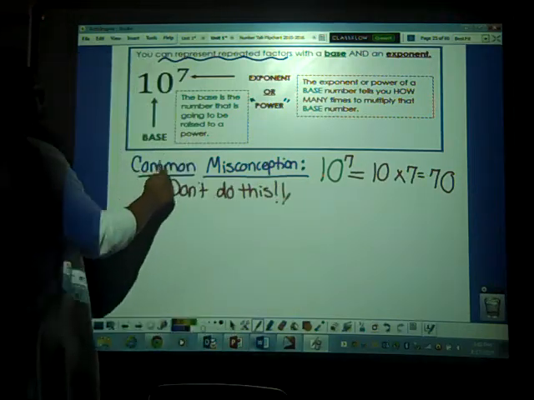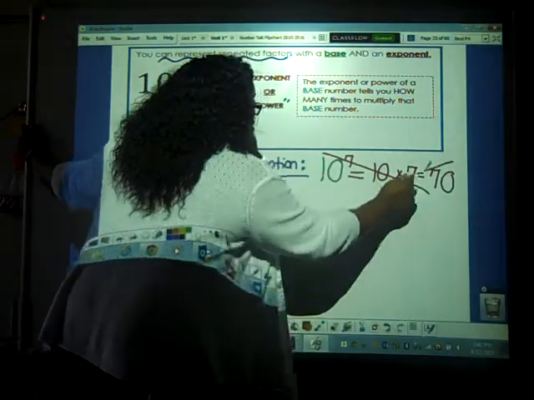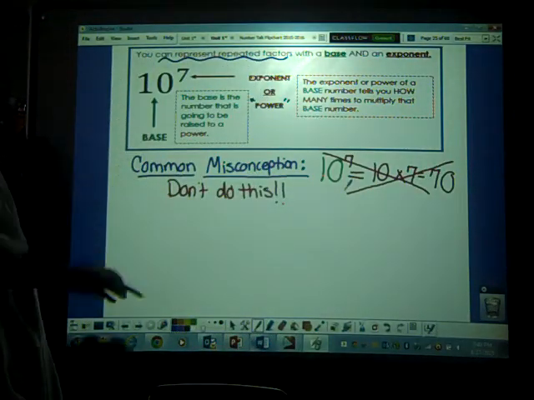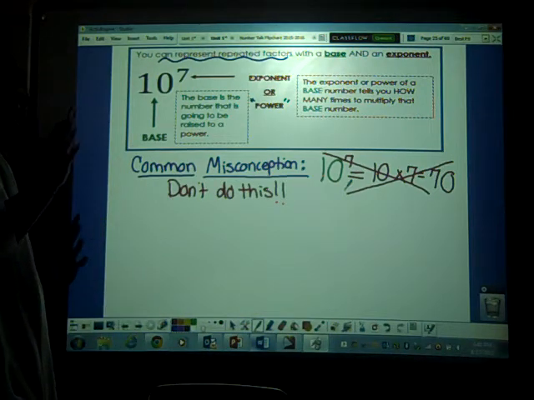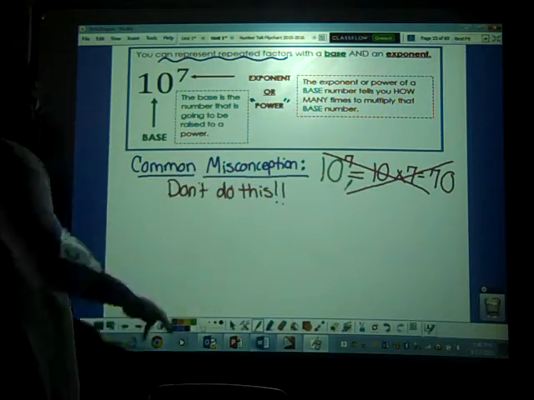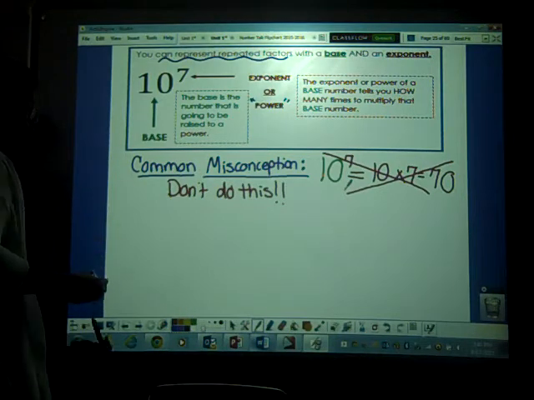This is not how you evaluate or find the value of this exponent, okay? So I'm going to show you exactly how to find the value of the exponent. So copy this down if you need to by pausing it, and we can move on.